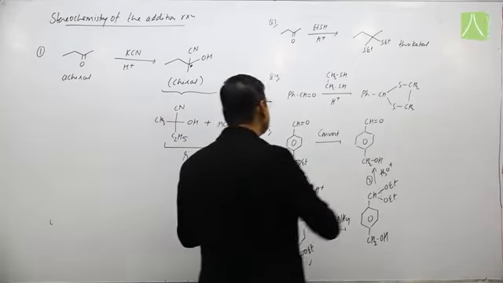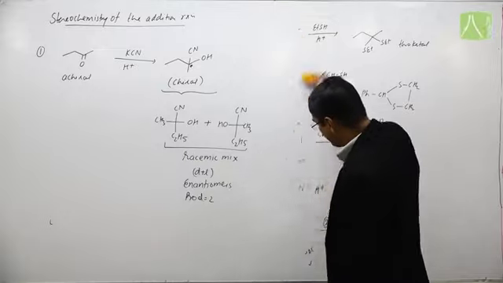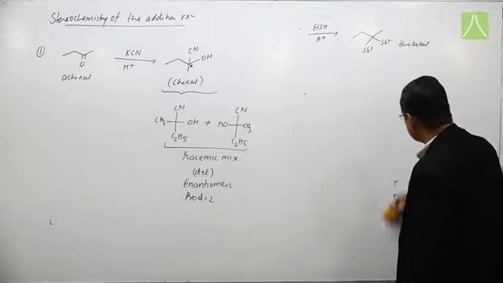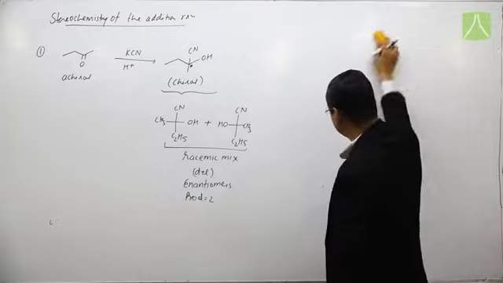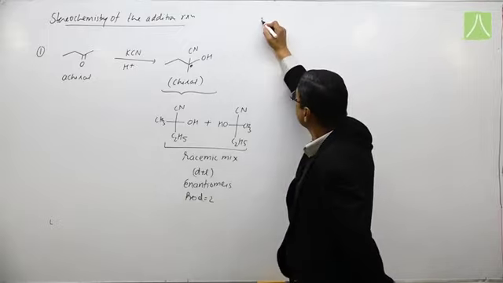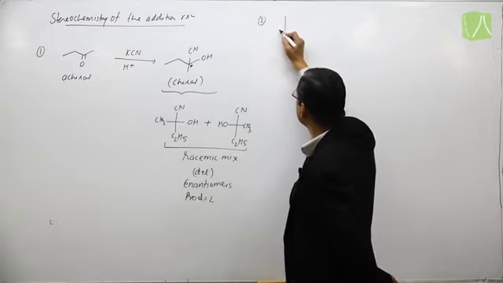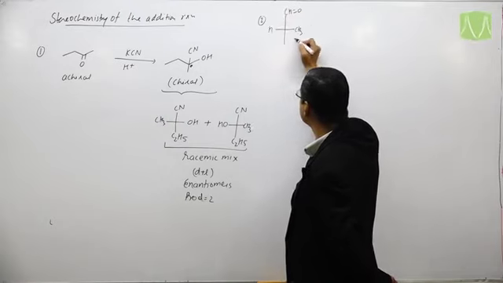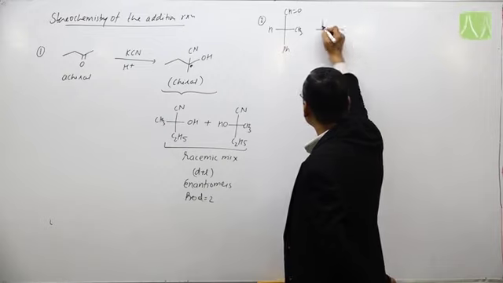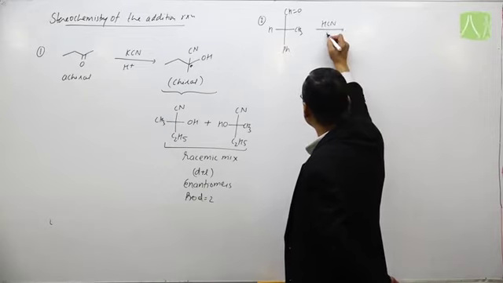Similarly, one more example. Suppose one chiral center is already present, then addition takes place.